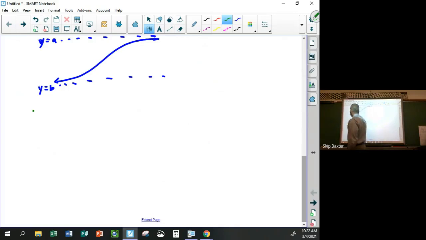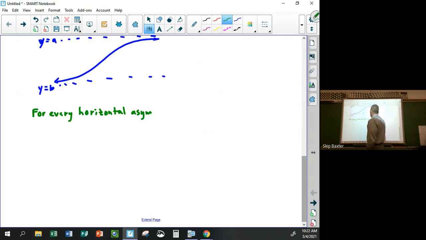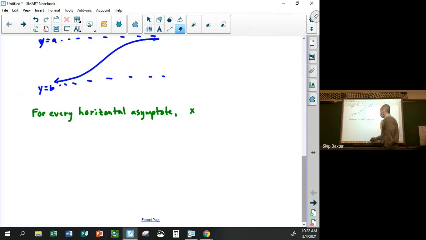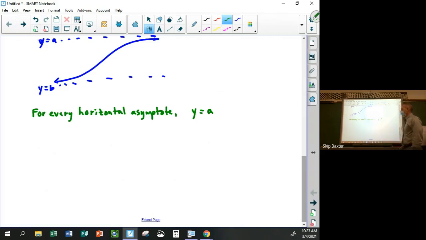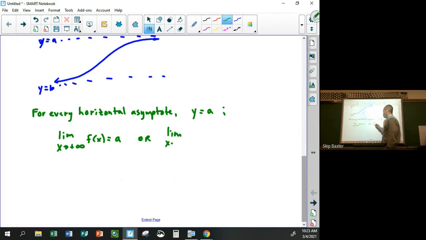You could say, for every horizontal asymptote, y equals a, then the limit as x goes to positive infinity of f of x equals a, or the limit as x goes to negative infinity of f of x equals a, or both, right?